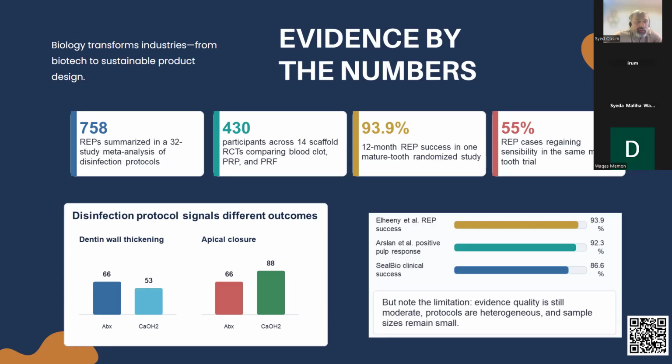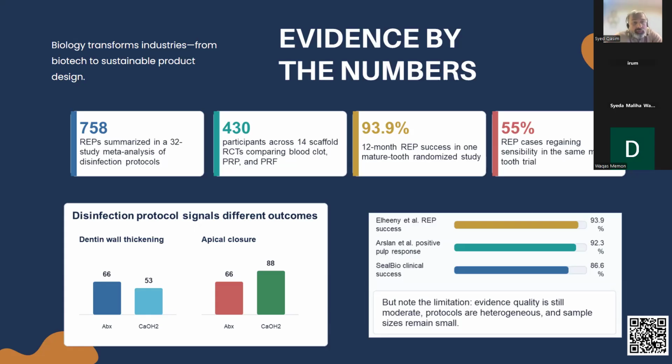And I've given an image below which shows the disinfection protocol signals and different outcomes. One side is showing calcium hydroxide and dentine wall thickness: antibiotic paste showing 66, and calcium hydroxide showing 53.